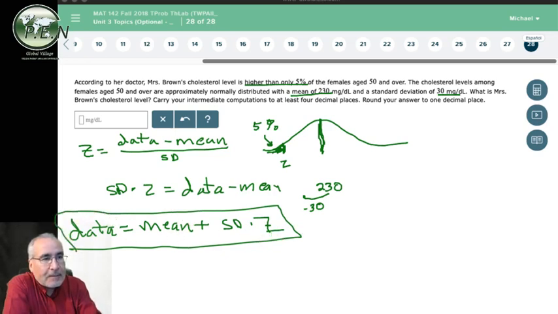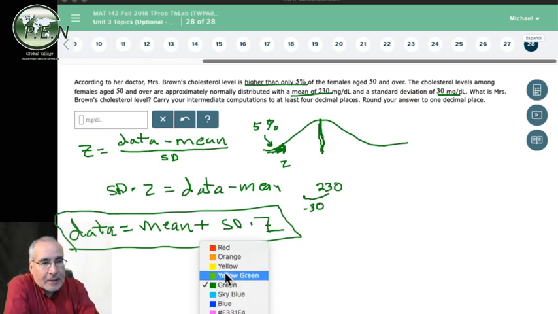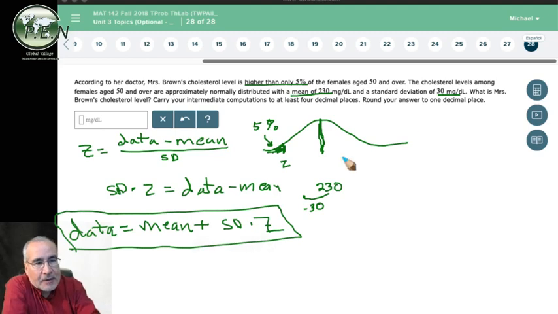We're going to look this up. Now, they don't give us the table. They only give us the calculator. Remember, the calculator, which is kind of backwards because I've always used tables, is going to give us the percent above.